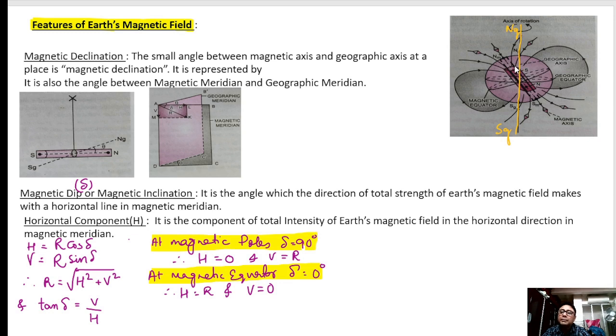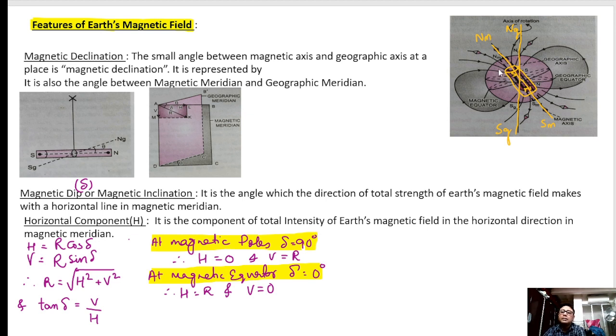And this is the magnet which we feel inside. So this is the magnetic axis, and this is the magnetic south pole and this is the magnetic north pole.